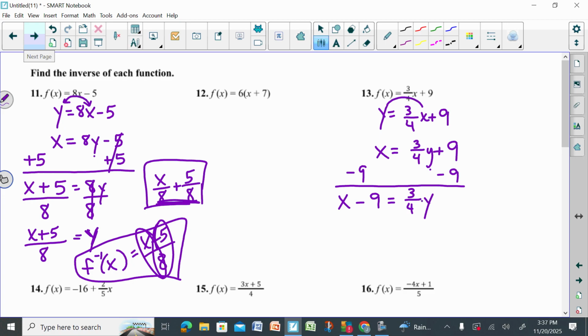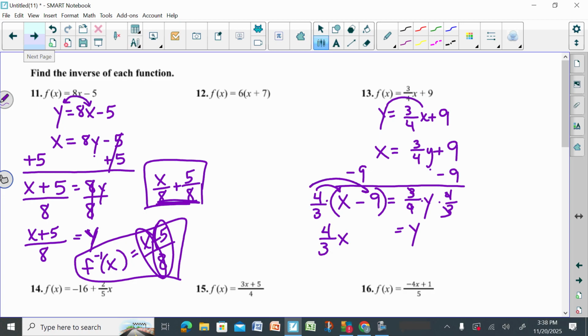If you're multiplying by 3/4, another way to look at that is multiply by 4/3. So if I multiply both sides by 4/3, this whole side gets multiplied by 4/3, so I should actually distribute that through just to clean it up a little bit. And so I've got a y over here, and then 4/3 x.